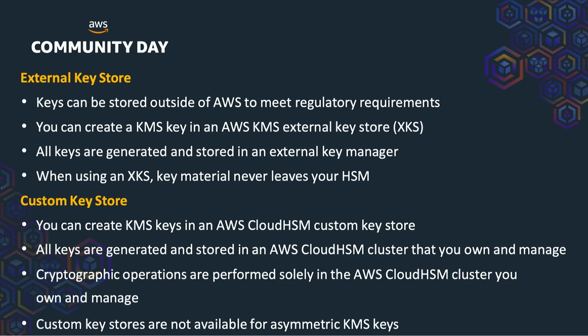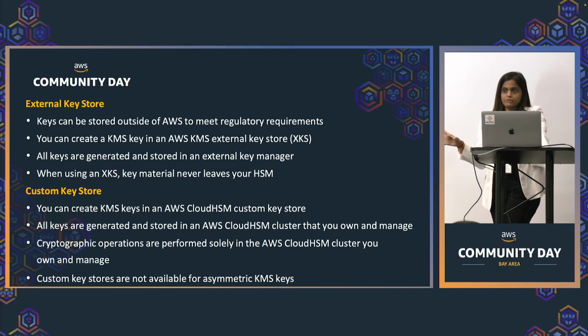Okay, so these two are the key stores which are available nowadays, external key store and custom key store. For external key store, you would be able to meet your regulatory requirements using KMS, and KMS will store the entire thing outside of the AWS infrastructure. Whereas with custom key store, you can integrate your entire CloudHSM infrastructure within AWS.